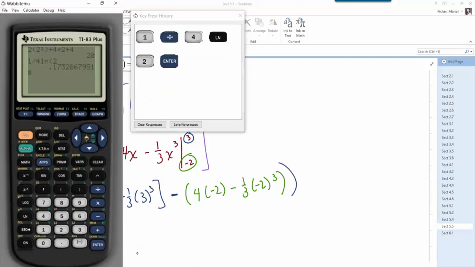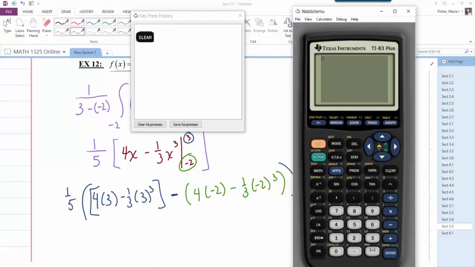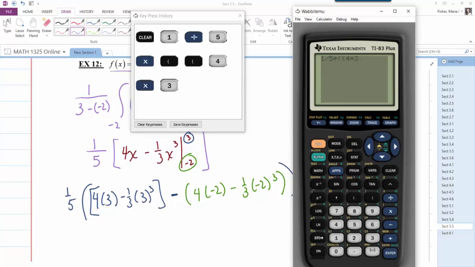So plugging that into a calculator, we get 1/5 times 4 times 3 minus 1/3 times 3 to the third, minus 4 times -2 minus 1/3 times -2 to the third.